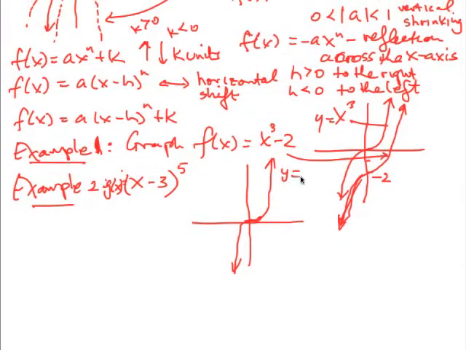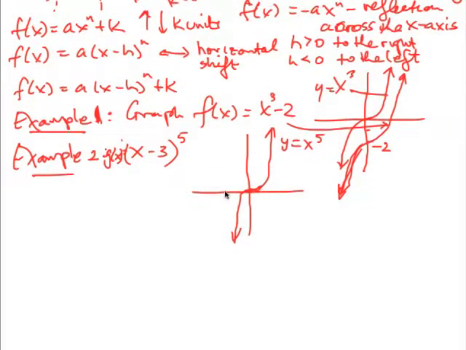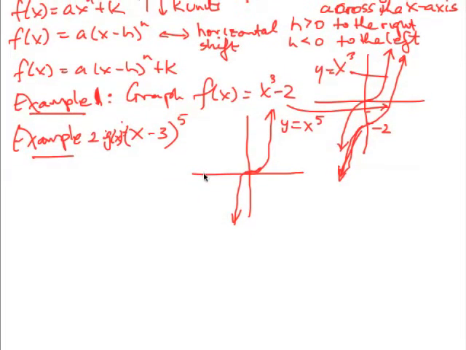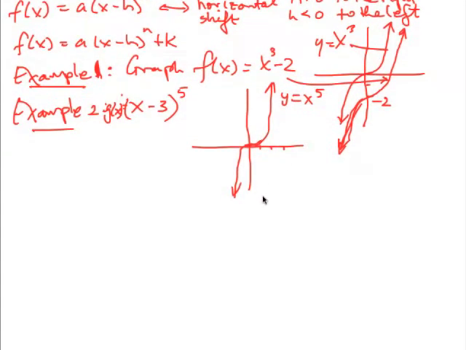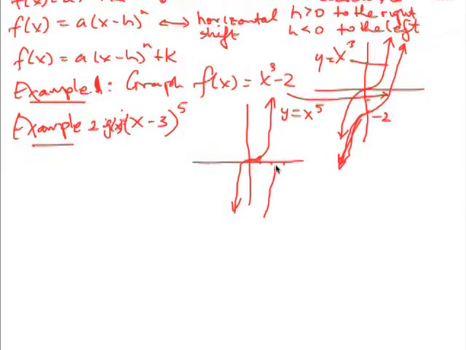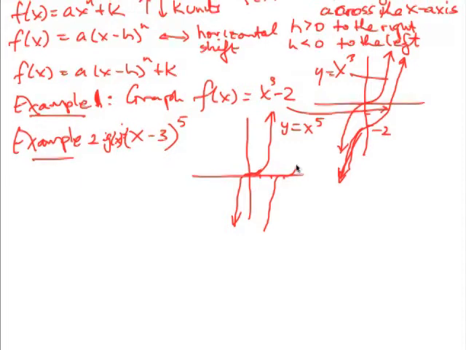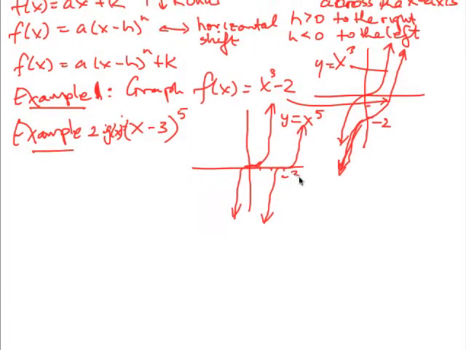Alright, so this is y equals x to the power of 5. Alright, now what happens if we do negative 3? Well, of course, this will mean it will go to the right 3. Alright, and so we have exactly the same thing. It's sort of narrow in here, flattens out across here, and up we go, where this is negative 3.